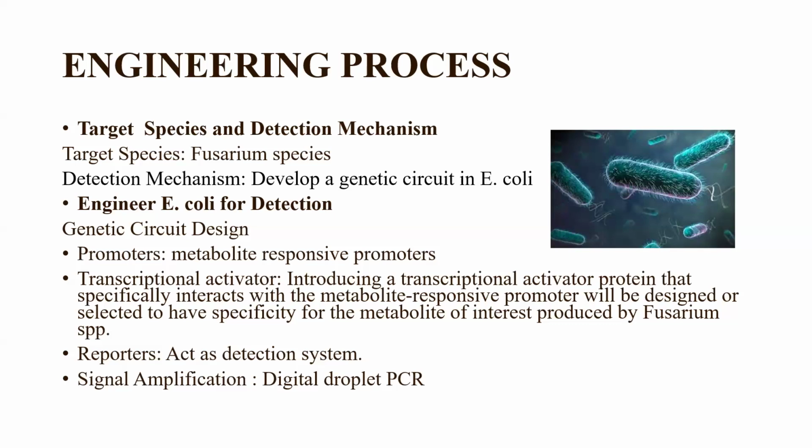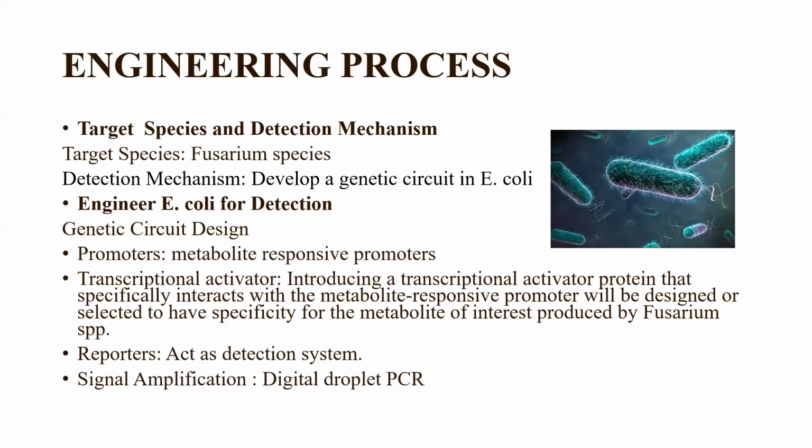And why are we using E. coli? Because of its wide genome and its variety of proteins. In our genetic circuit, we have what we call the promoters. We shall use metabolite responsive promoters.